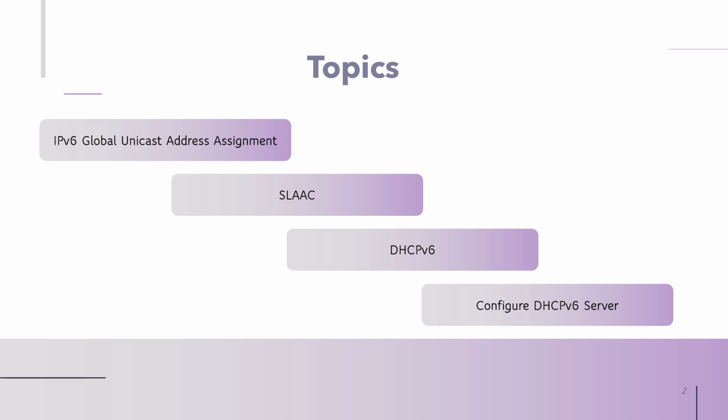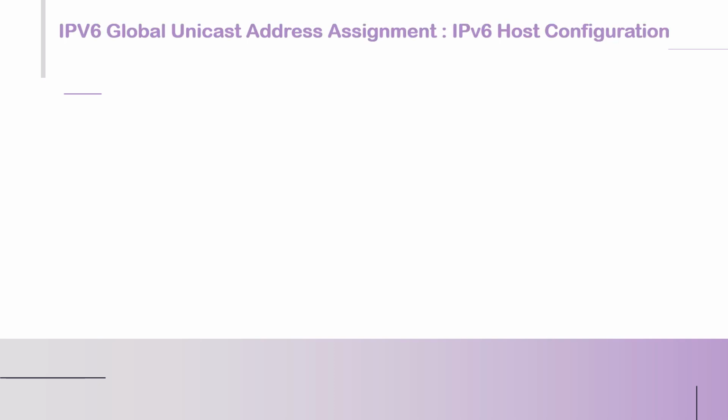So before we continue, the first thing that we need to do is look at the IPv6 global unicast address. To use either stateless address auto configuration or DHCP version 6, the first thing we have to do is review the global unicast address and the link local address.